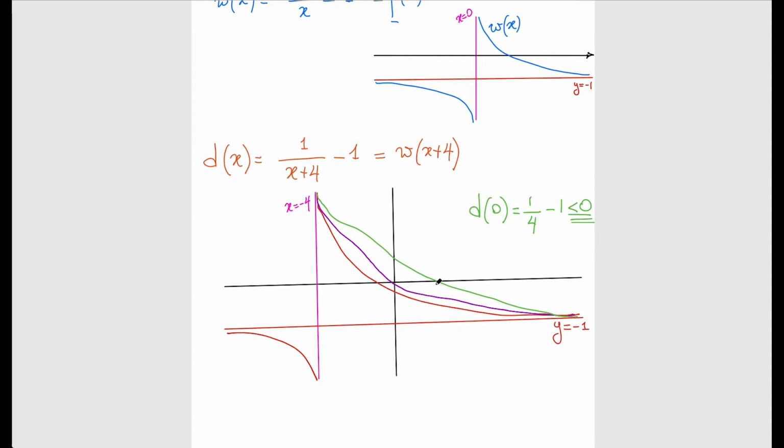Instead of looking at the x-intercepts, I looked at the y-intercept, which means evaluating the function d at 0, and it happens that the output of d when the input is 0 is negative. So the y-intercept happens to be negative. It's right there, so it's going to be the brown curvature.